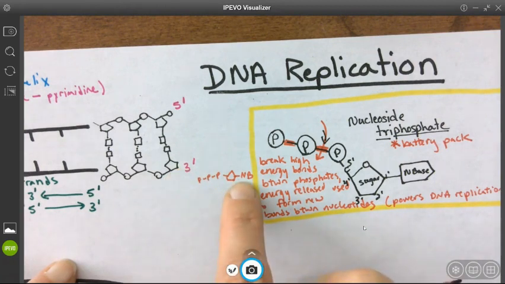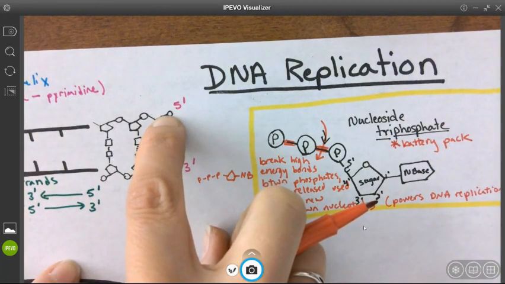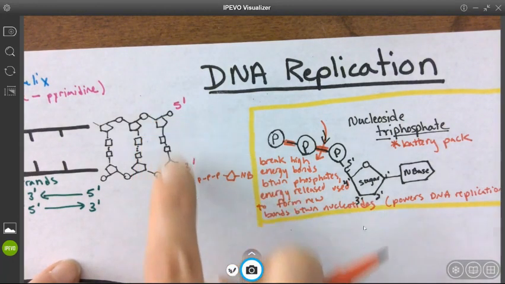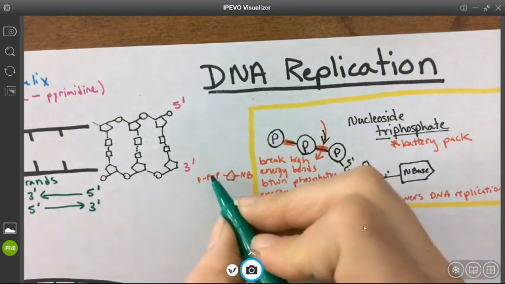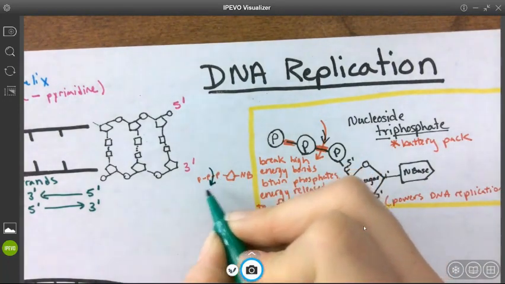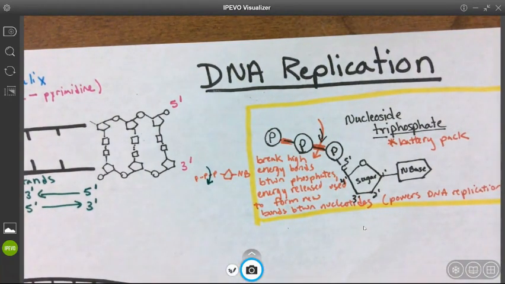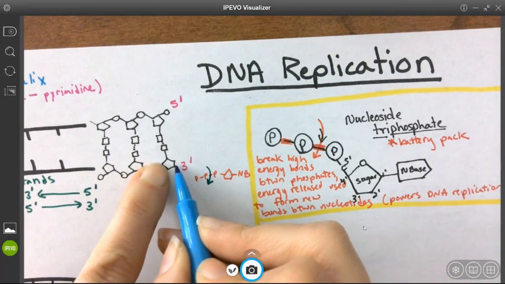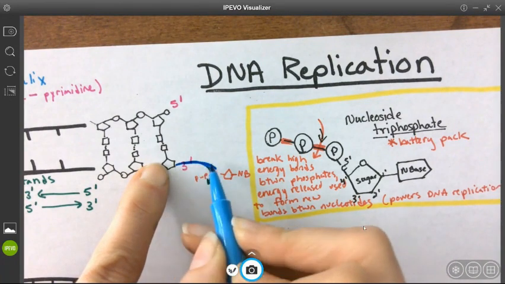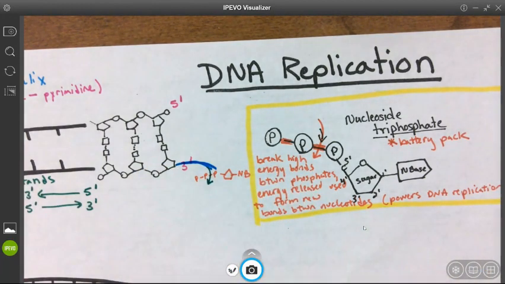This nucleoside triphosphate can't join to the 5' end because there's already a phosphate sticking out there, because the bonds form between the phosphates and sugars. So as these extra phosphates are broken off, a bond will form between the exposed 3' carbon of this sugar and this phosphate. But that means that DNA can only grow off of the 3' ends because of the way that the bond formation is powered.